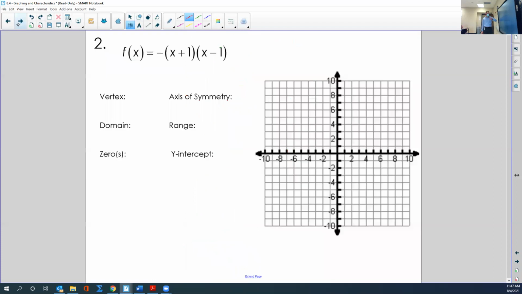All right, real quick. We don't have a whole lot of time. This is in factored form, or intercept form because it gives us our intercepts. Okay, 2 routes to go here to find your vertex. I'm going to show you kind of a quick way that if you know what you're talking about with this, it's going to help you out. But we have f of x equals negative parentheses x plus 1, x minus 1.